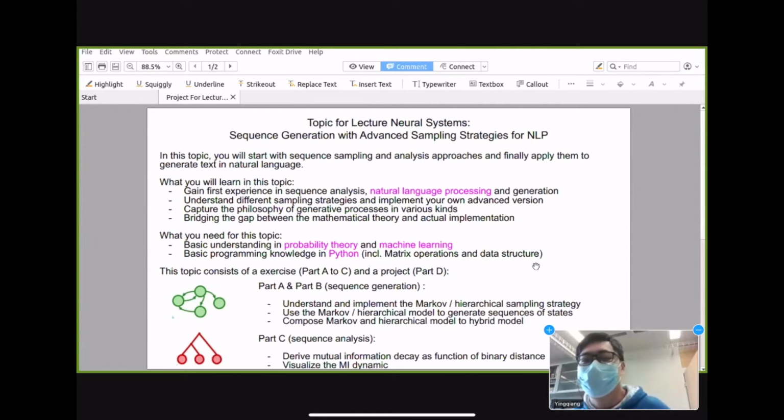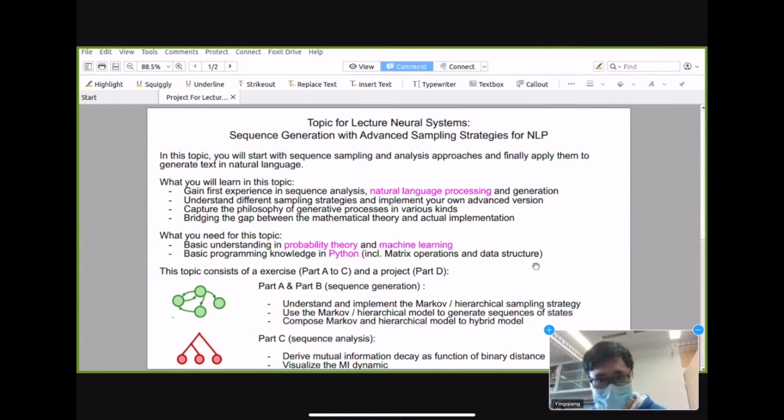What you need for a project in this topic is some basic understanding of probability theory and machine learning, and of course, because we're doing programming, some basic programming knowledge in Python, to be exact, matrix operations and data structures. But if you're a biologist and you have no idea what Python is, no problem. We will provide you some simple tutorials to guide you into programming, right?